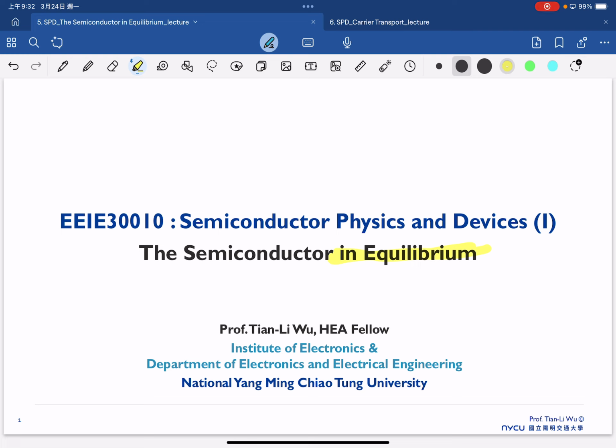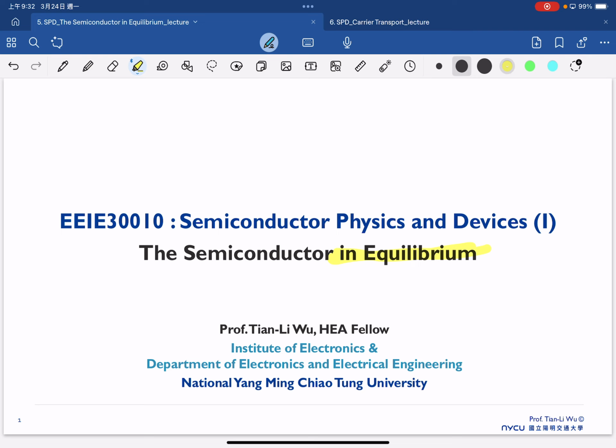So last week we have already discussed the most important part, which is how we apply the quantum theory for solids, especially the band diagram, where this band diagram concept comes from, and why we use this band diagram to understand how actually the electrons and the carriers transport.